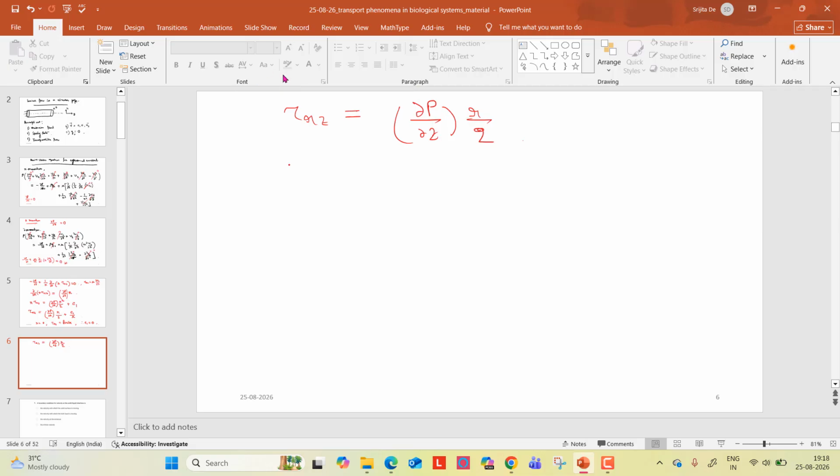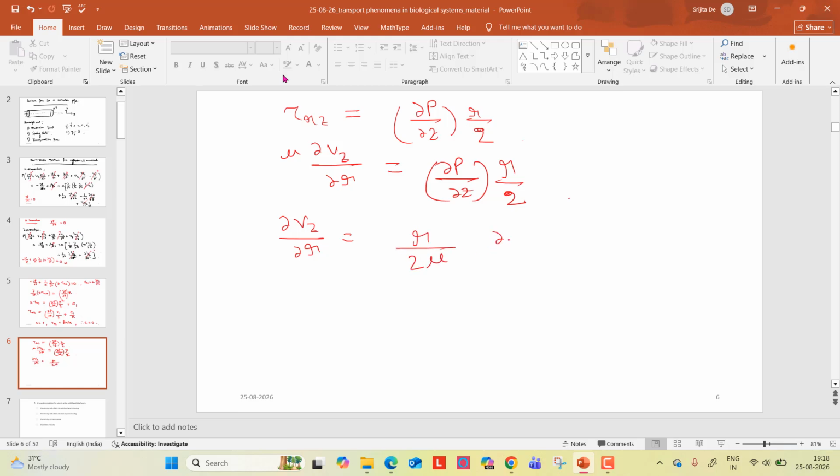Now, from here we can get the Vz. So, this mu del Vz del r equals to del p del z into r by 2, right? So, del Vz del r equals to r by 2 mu del p del z.